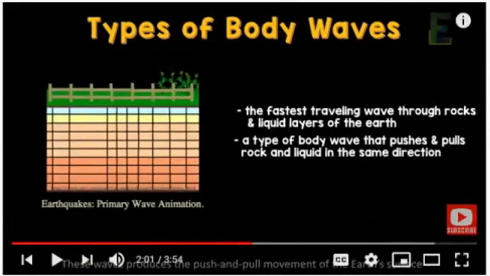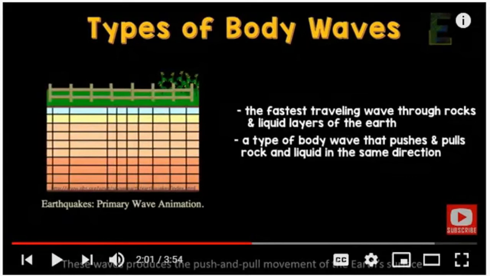So now students, about the P waves, that is primary waves under seismic waves. The primary wave is the fastest traveling wave, through rocks and liquid layers of the earth.